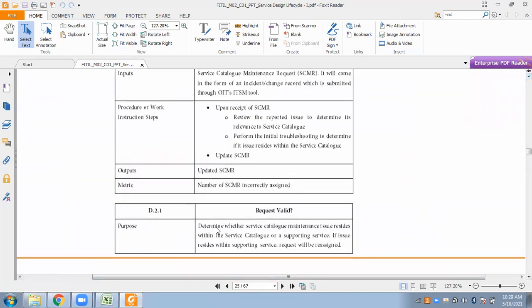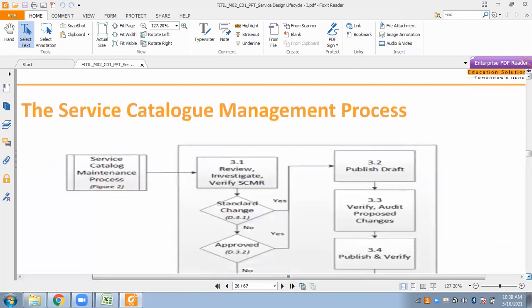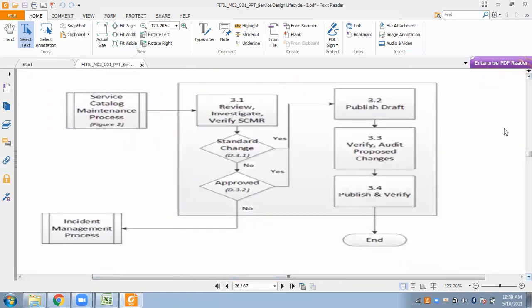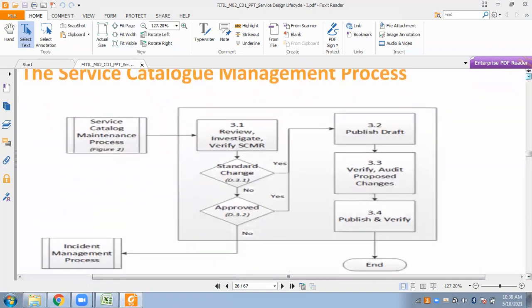Here it determines whether the service catalog maintenance issue resides within the service catalog or a supporting service. If the issue resides within the supporting service, the request will be reassigned. This is the third flow.